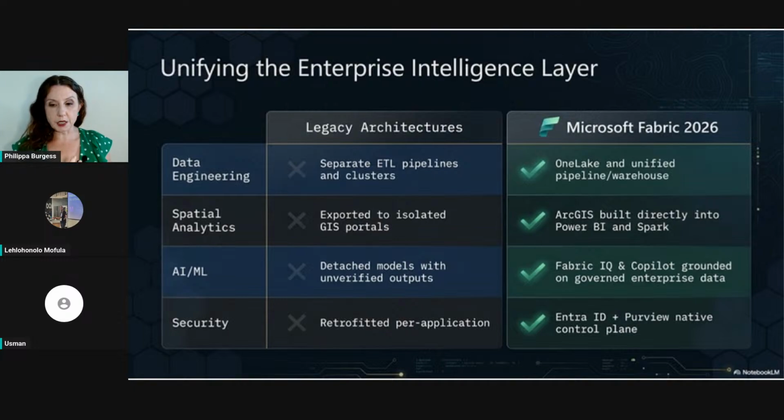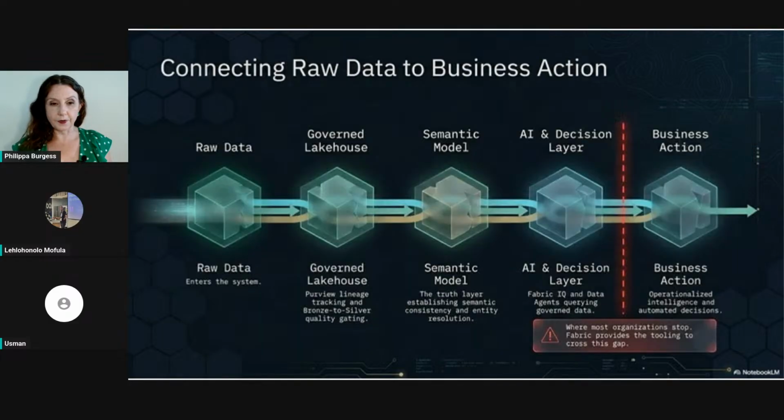ArcGIS is built directly into Power BI and Spark. Fabric IQ and Copilot are grounded on governed enterprise data, and Entra ID and Purview are native to the control plane. So we're connecting raw data to business action. Your raw data moves to a governed lakehouse, to a semantic model, to AI and decision layers, and then to business action.